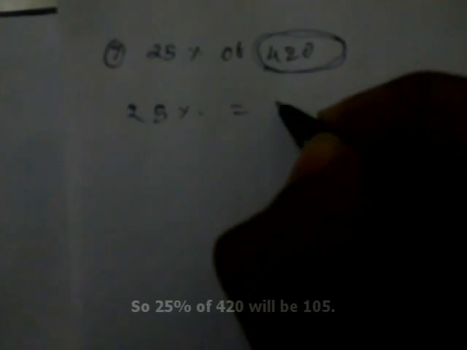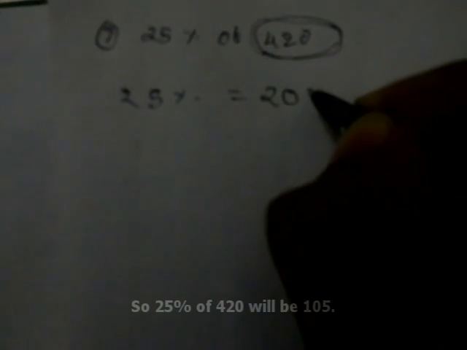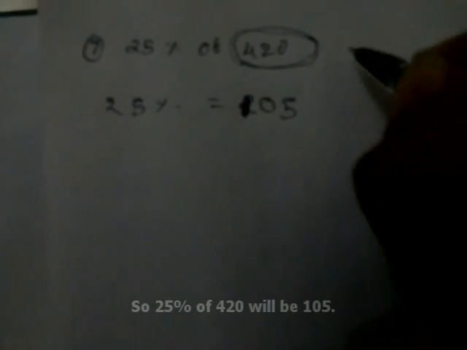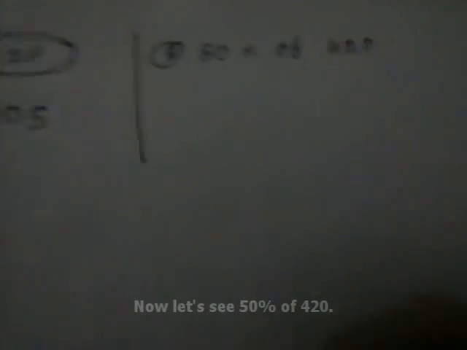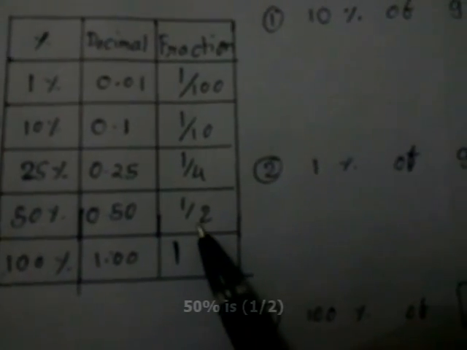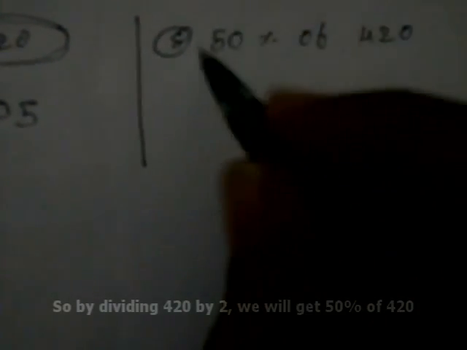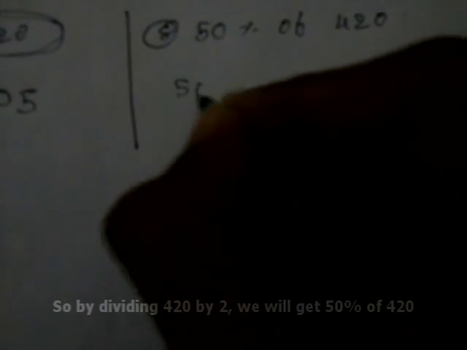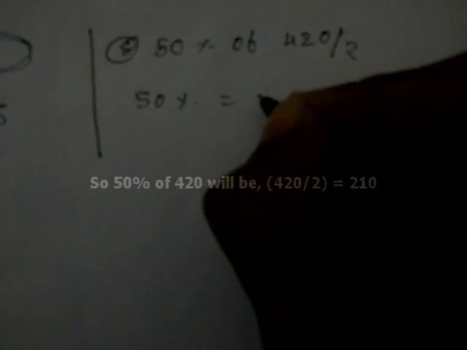So 25% of 420 will be 105. Now let's see 50% of 420. According to our table, the fractional representation of 50% is 1 by 2. So by dividing 420 by 2, we can find 50% of 420.